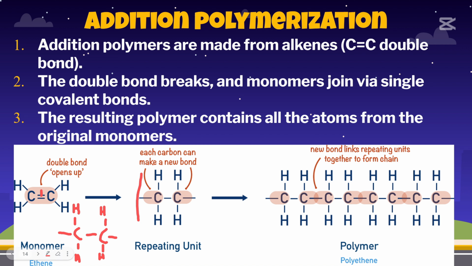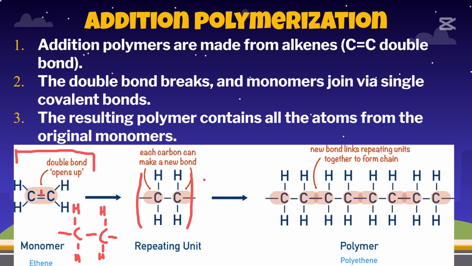And this right here would be our repeating unit. This would be our monomer, right? This is our repeating unit. Note that this on its own cannot accommodate any new bonds because the double bond is present, but once you have broken the double bond, that's what allows us to create the repeating unit and to accommodate new bonds, right?